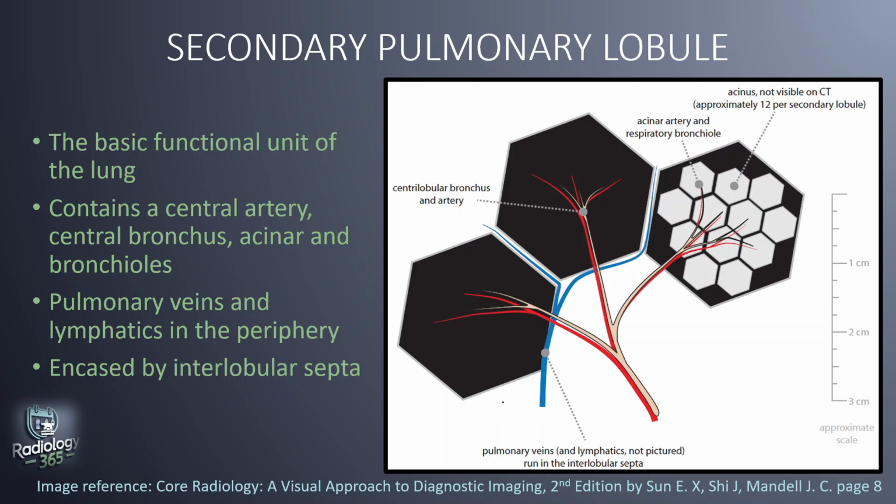Thickening of the interlobular septa can be seen on CT, and it would suggest some pathological enlargement of either the venous or the lymphatic spaces, as we know that they are the structures in the periphery. Each secondary pulmonary lobule is between 1 and 2.5 centimeters in diameter.